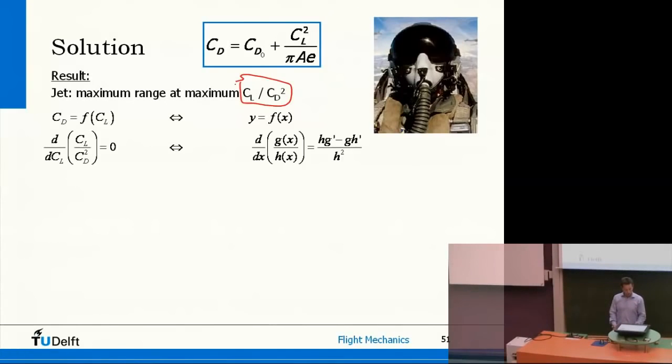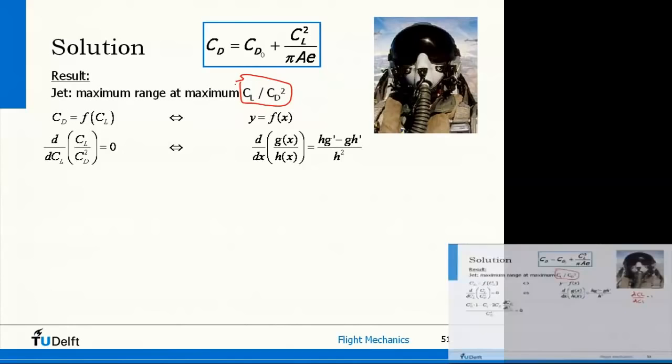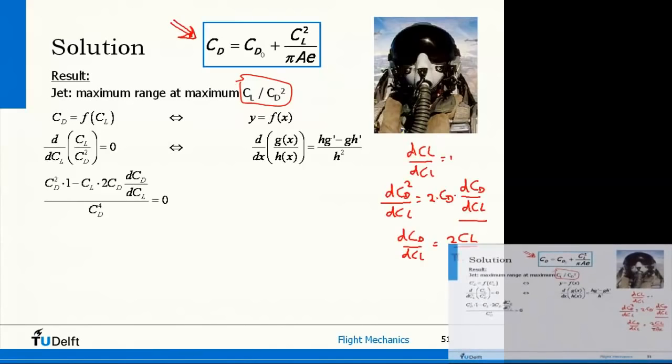So what you see is that, again, the derivative of CL with respect to CL is 1, but the derivative of CD squared with respect to CL, that's of course 2 times CD, and then the derivative of CD with respect to CL. So that's the product rule. And then the derivative of CD with respect to CL, you can obtain from this equation, and that is simply 2CL over pi AE. Okay?